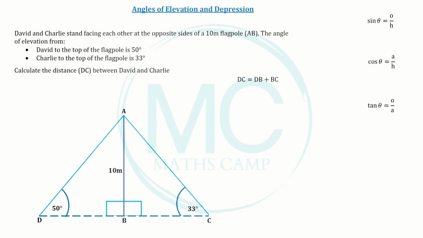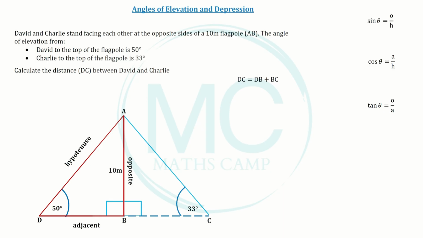Let's start with triangle ADB, and we can mark it in red. In this triangle, side AD is the hypotenuse because it is directly opposite the 90-degree angle. We are working with an angle of 50 degrees, so side AB is directly opposite the angle and DB is adjacent to it.